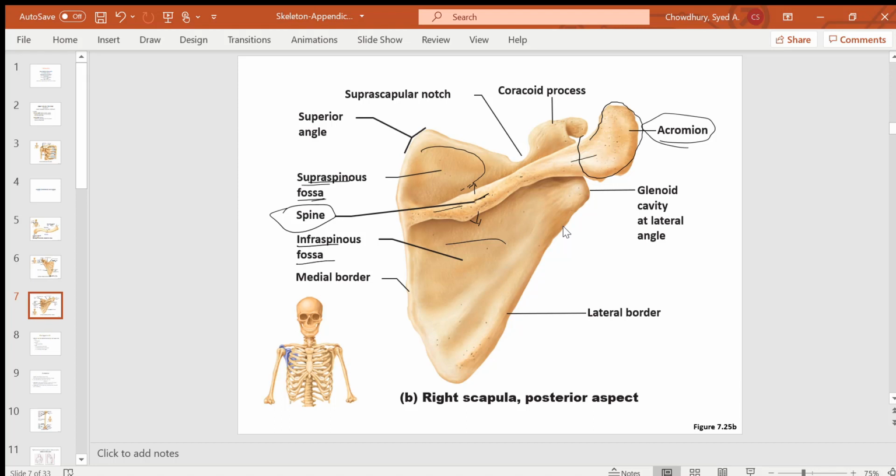In the supraspinous fossa, the supraspinatus muscle is attached. And in the infraspinous fossa, below the spine, the muscle is called infraspinatus.